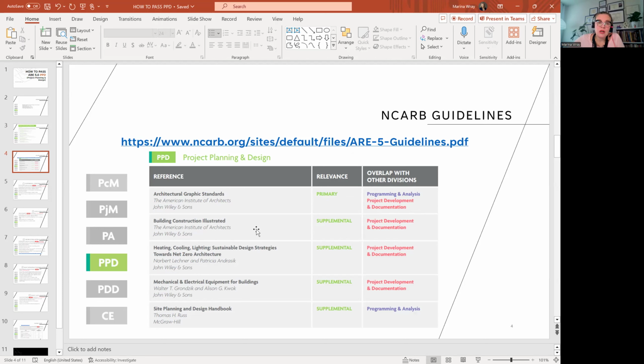The second one is Building Construction Illustrated. This is also a very good book. It is a supplemental reference, but I really recommend just having that book and always referring back to it if you have any question, especially when you are drafting, when you are designing things, and when you need to do the details. So this is a perfect reference point, and you can actually use that after you get licensed.